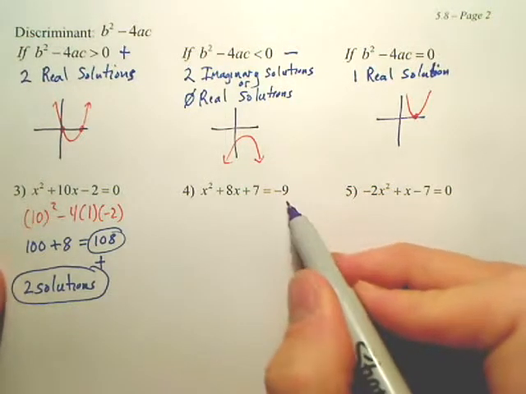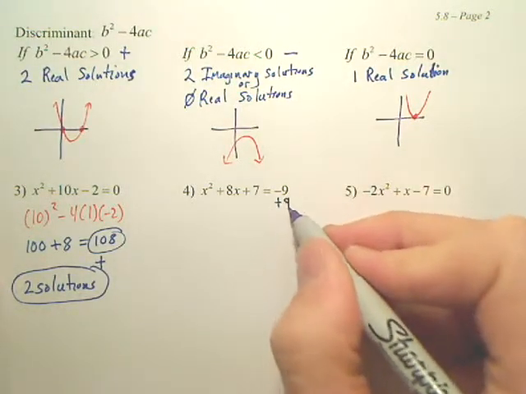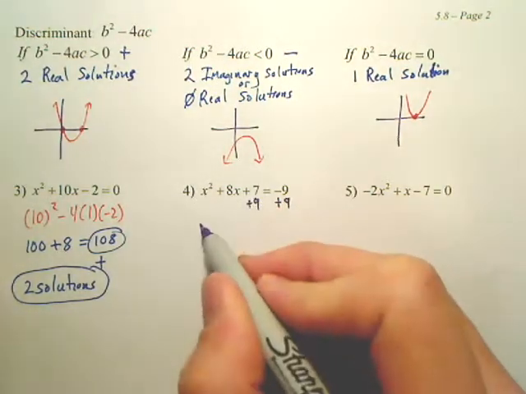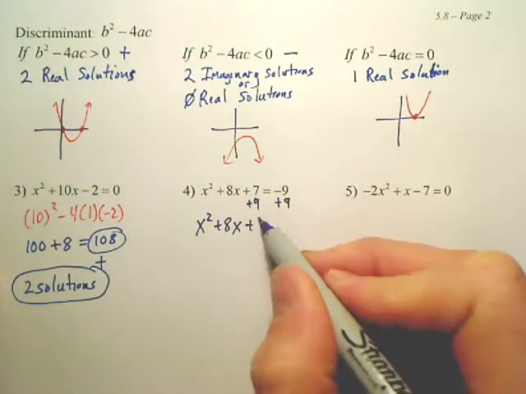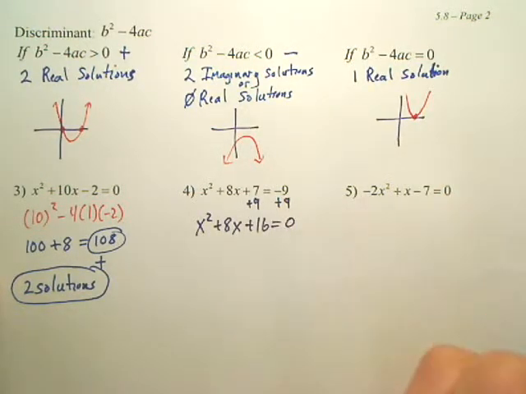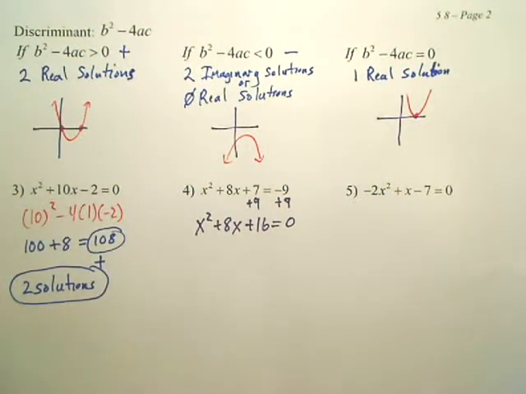Okay, look at this one. Oh, we're not ready to solve it first. First we have to actually add the 9 over. Got it over. Now we do b squared minus 4ac.